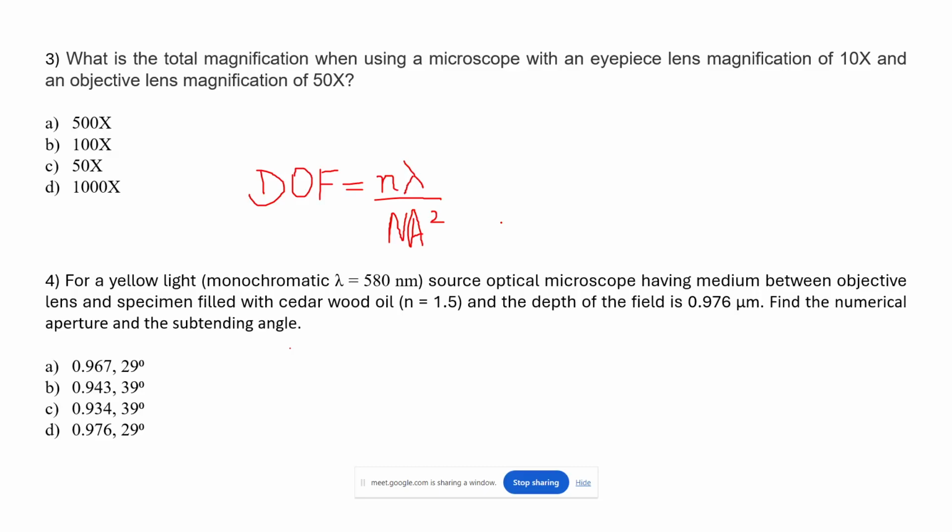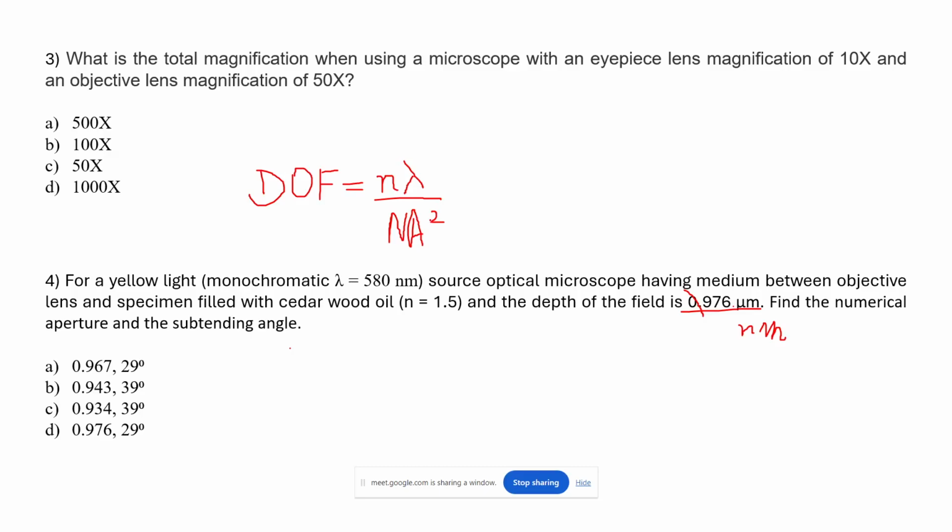The depth of field is in micrometer, so firstly we should convert it into nanometer itself. To convert micrometer into nanometer, we just need to multiply it by 1000. So it will become 976.0 nanometer.